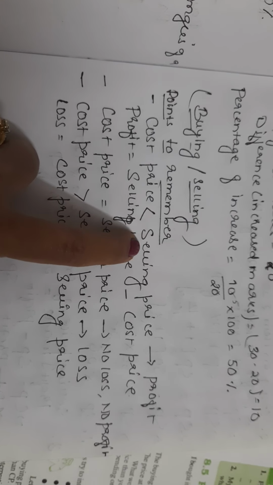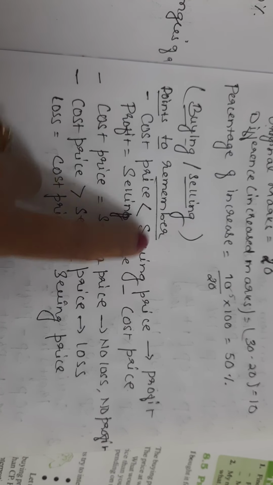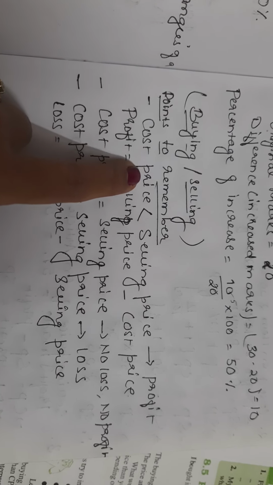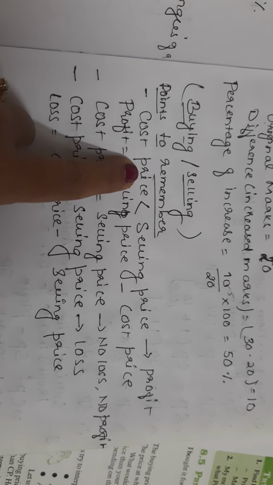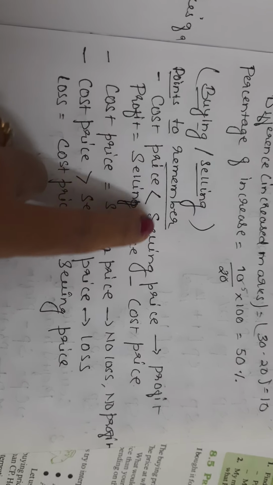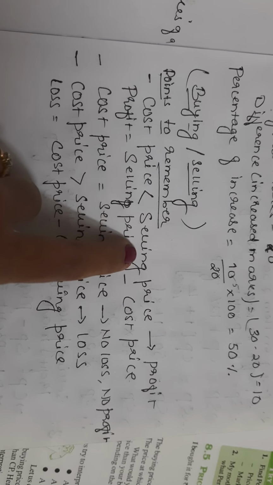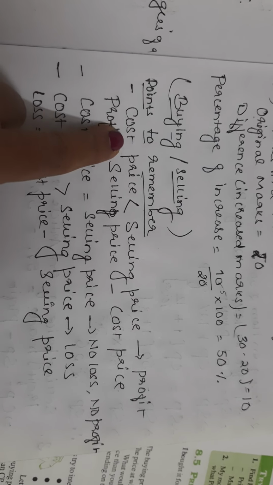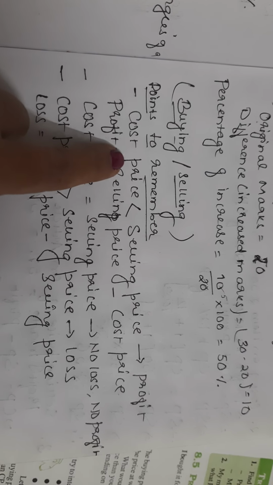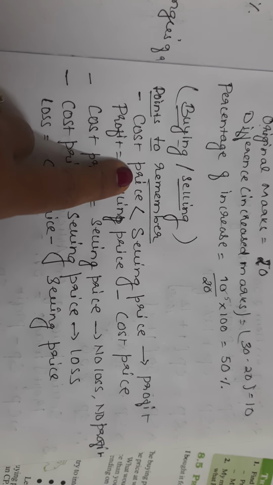While you are selling that book to that customer, that is the selling price. When you are a shopkeeper, you are buying the book from the wholesaler. You being the retailer, are selling it to the customer. So the price at which you are selling it to the customer is the selling price, and the price you pay to buy the book from the wholesaler is the cost price.